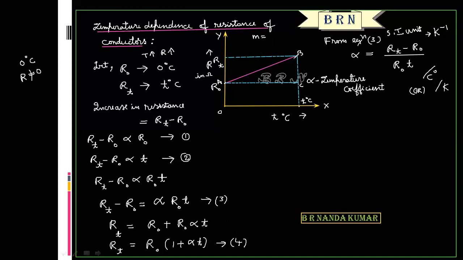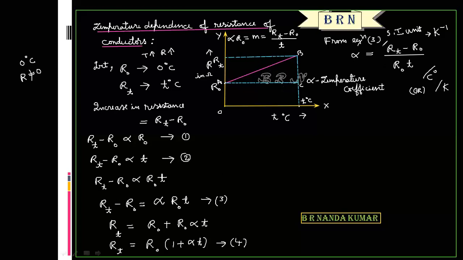Here the vertical distance BC is R_t minus R naught, and AC is t minus 0, that is t. So (R_t minus R naught) divided by t is alpha R naught. That is the value of the slope. The slope of this graph gives alpha R naught.